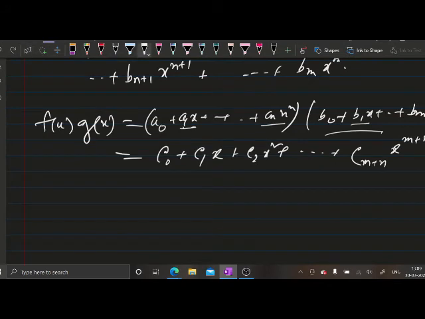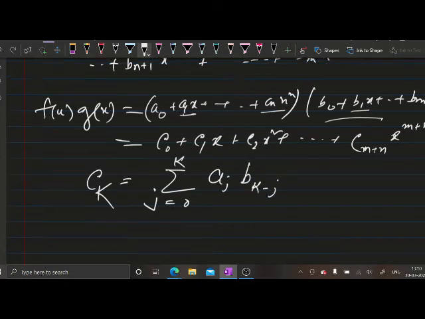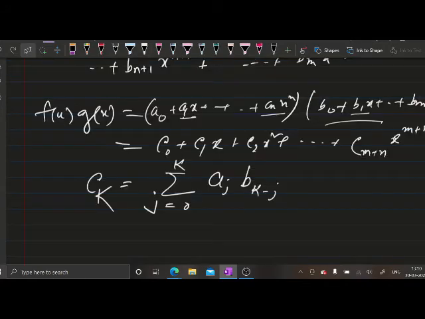So where these ck's can be written as the summation j equal to 0 to k of aj b(k minus j), right? So therefore this is your definition of multiplication of two polynomials.